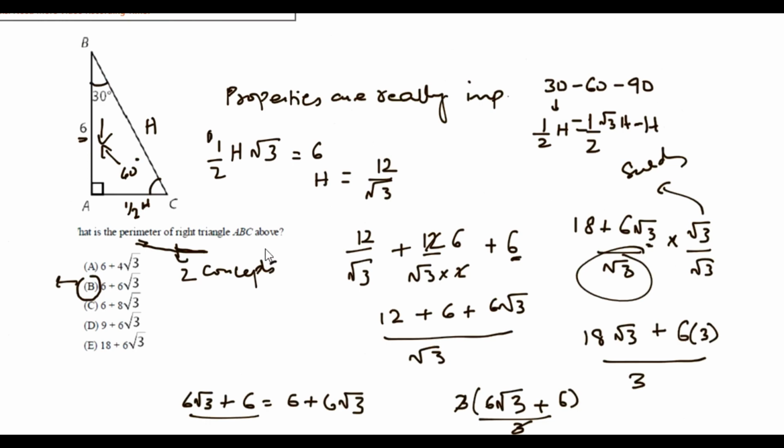One, you should be familiar with the properties of the triangle. And then what is the perimeter, right? It is the summation of the three sides. First side, this is the hypotenuse, the largest one. This is the 30 angle one, and this is the 60 angle one.